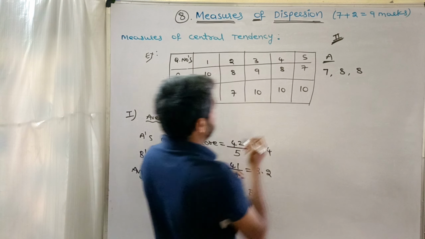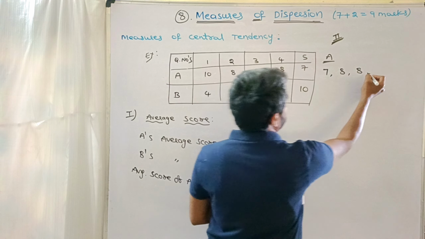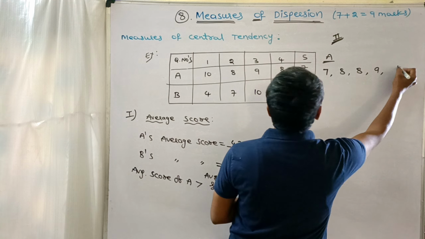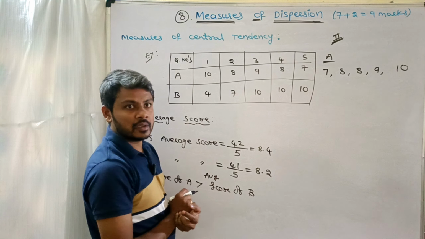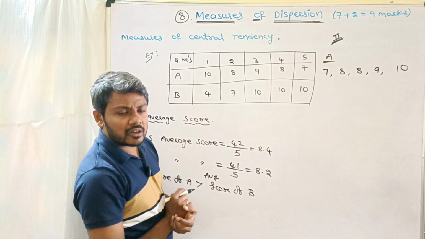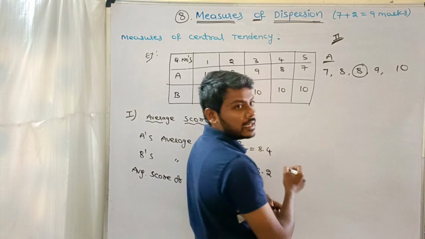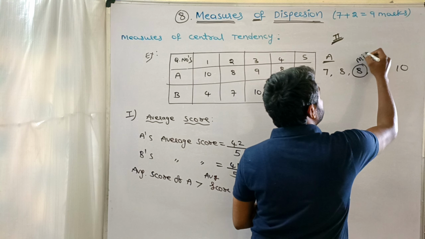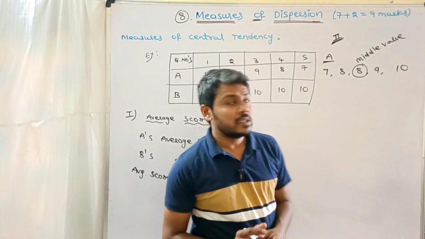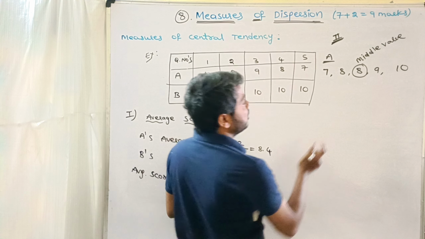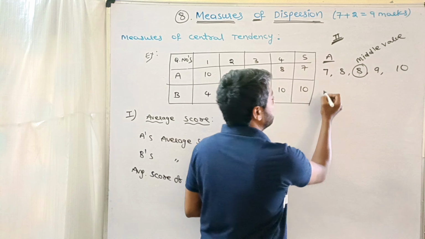After that 8 again. Next, after that 9. Next 10. So clearly in that, what is the middle value? The middle value is 8. So clearly here the middle most score is 8.